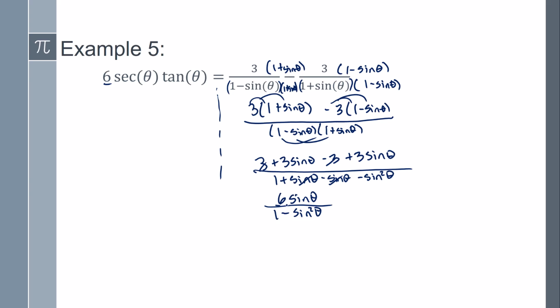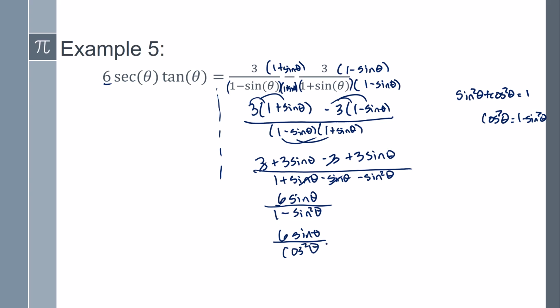But now, starting back at the top, I see a Pythagorean identity. So it's sine squared theta plus cosine squared theta, that equals 1. So how do I get this 1 minus sine squared? I can subtract sine squared on both sides. So I know that cosine squared is 1 minus sine squared. So that's cosine squared.